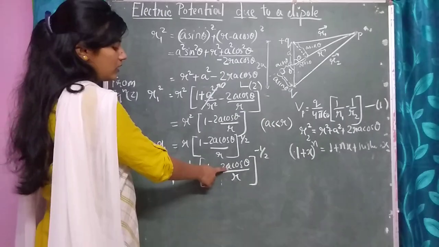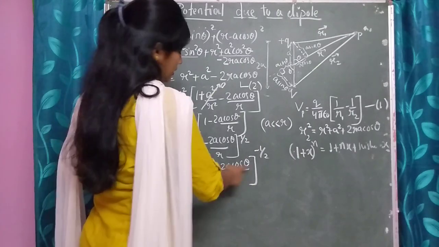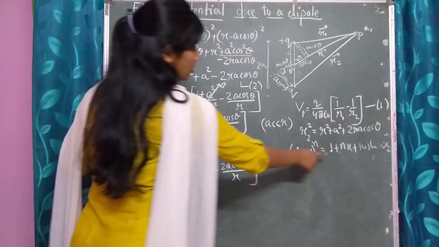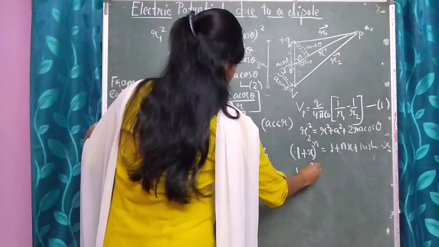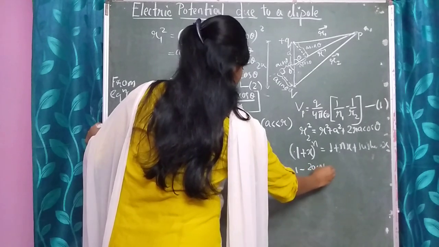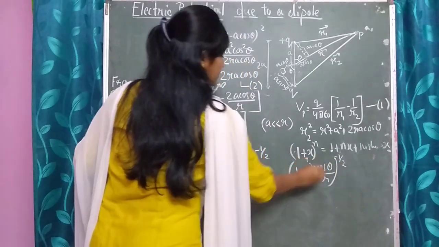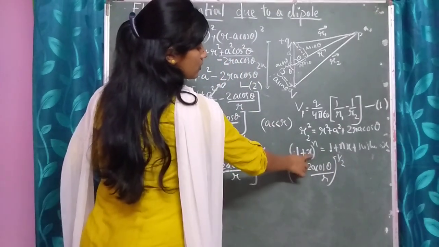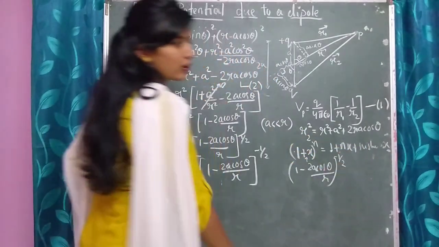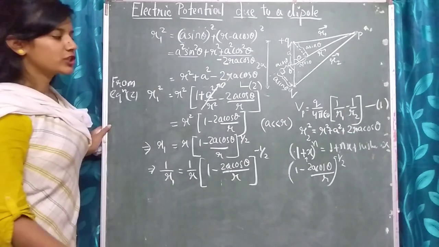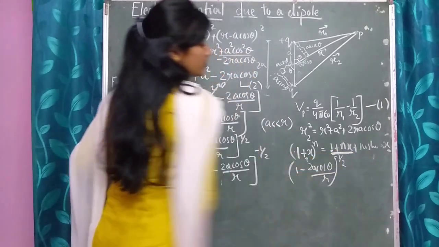Since our a is very small, we use this in the expression (1 minus 2a cos theta by r) to the power minus half. Higher powers of x mean higher powers of a, which can be negligible, so we keep only this term.